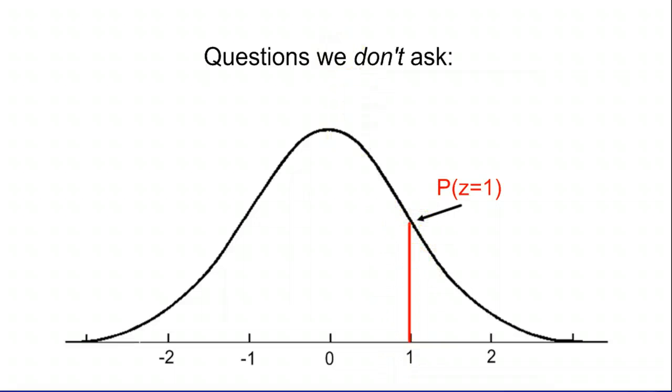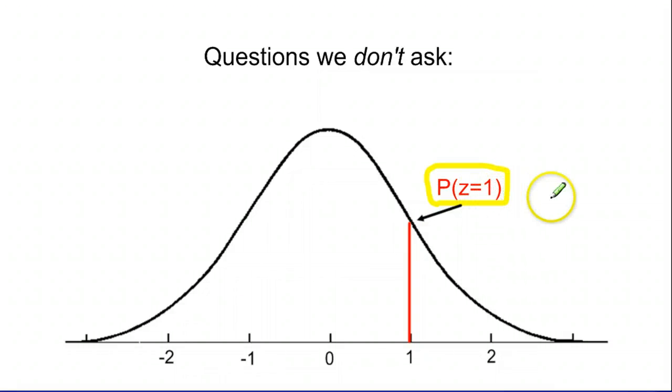Now one thing that we don't ask when we're looking at the normal curve, that we might ask if we're dealing with, let's say, a binomial probability, is what is the probability that the z-score is exactly equal to 1? That P notation means the probability that the z-score is equal to 1.